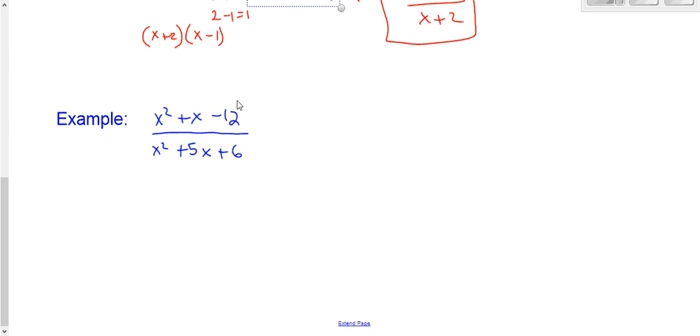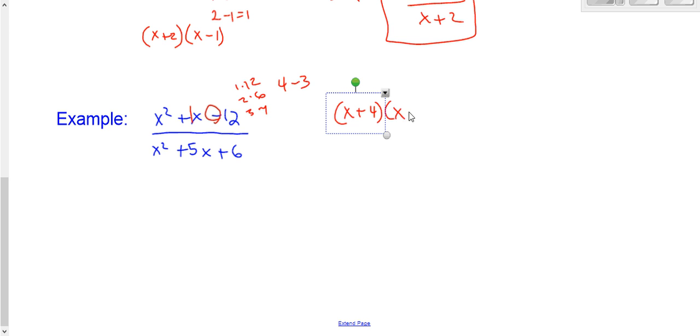In the numerator, we've got 12, which is 1 times 12, 2 times 6, and 3 times 4. We are looking to subtract to get a positive 1. So we have 4 minus 3 to get positive 1. So our factors are going to be x plus 4 and x minus 3.